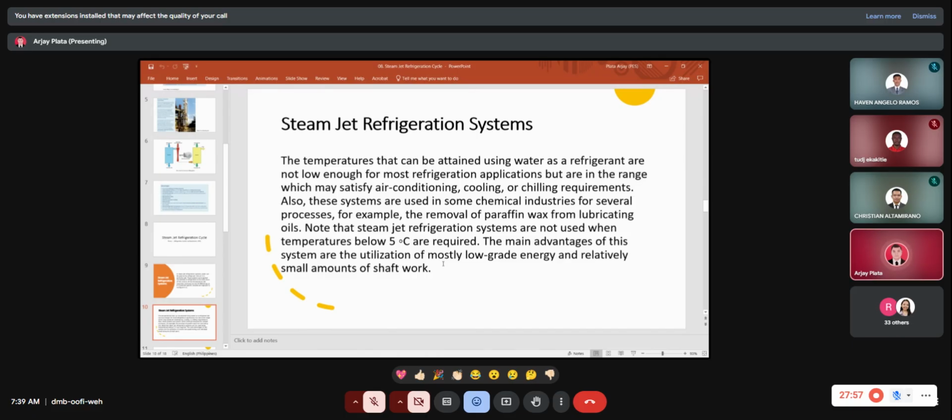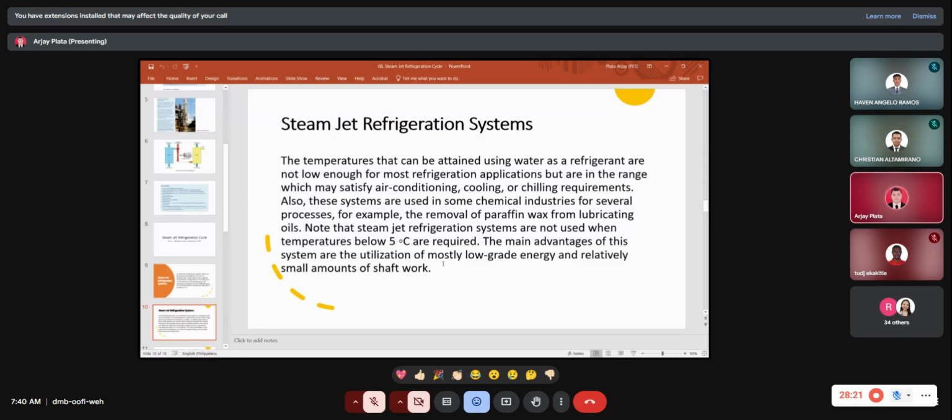Also, these systems are used in some chemical industries for several processes, for example, removal of paraffin wax from lubricating oils. That's one example of an application of the steam jet refrigeration system. Note that steam jet refrigeration systems are not used when temperatures below 5 degrees are required.